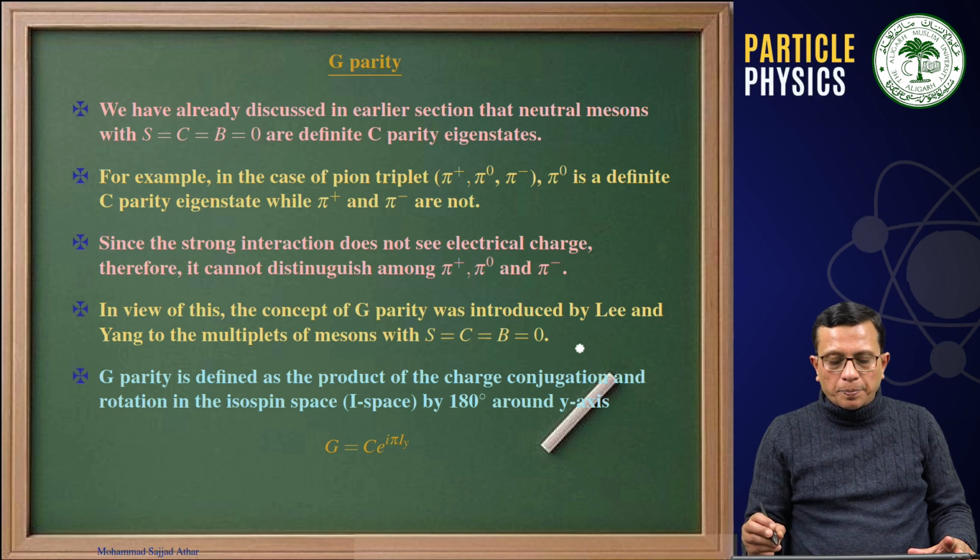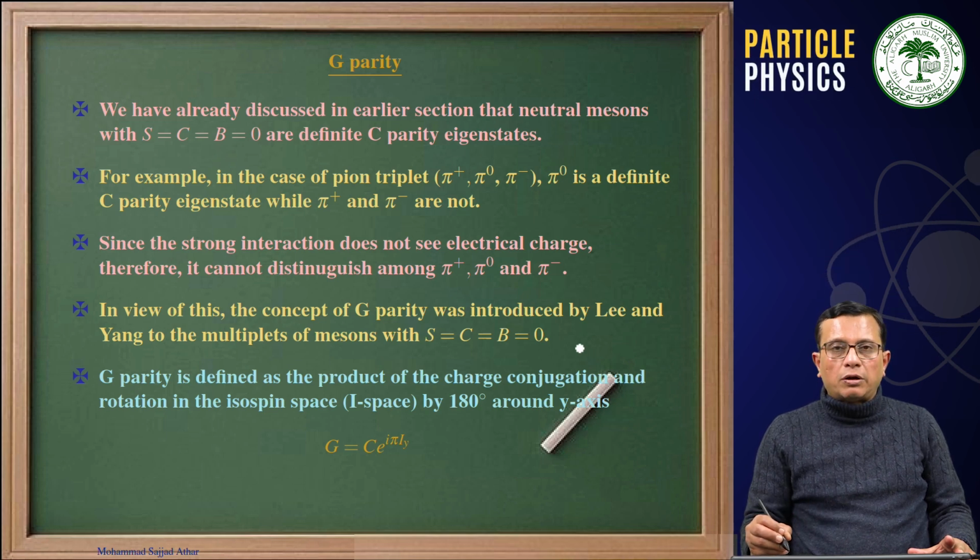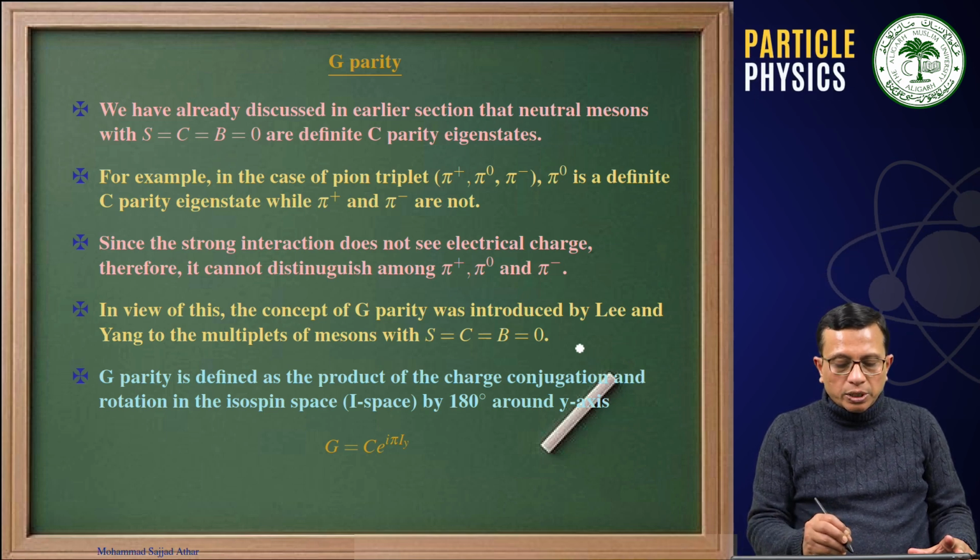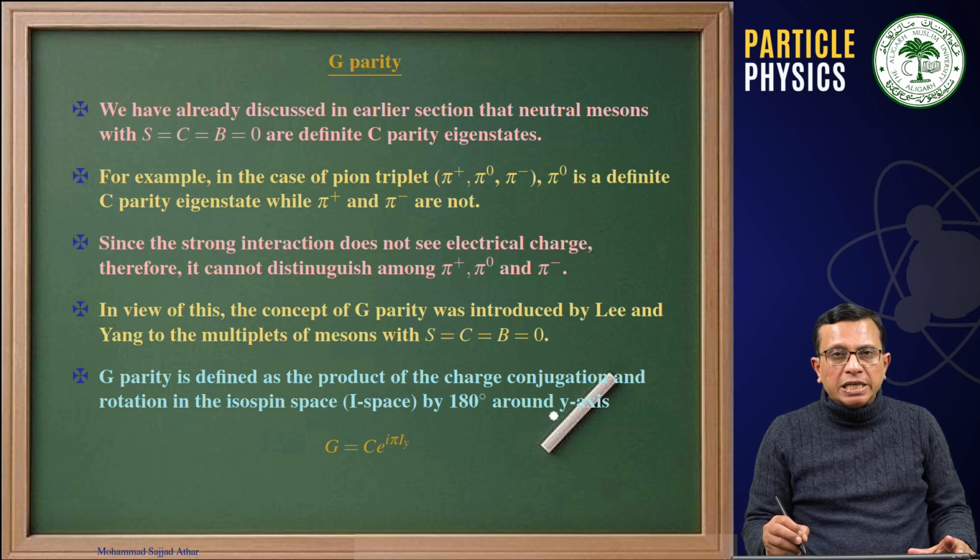The G-parity operator is defined as the product of the charge conjugation and a rotation in the isotopic spin space by 180 degrees around the y-axis.